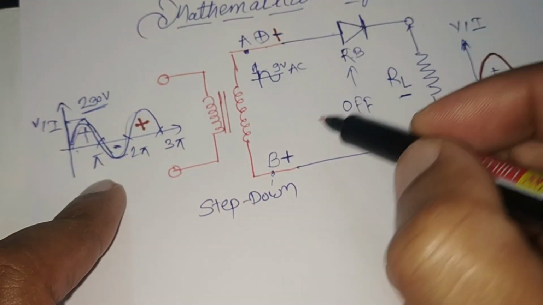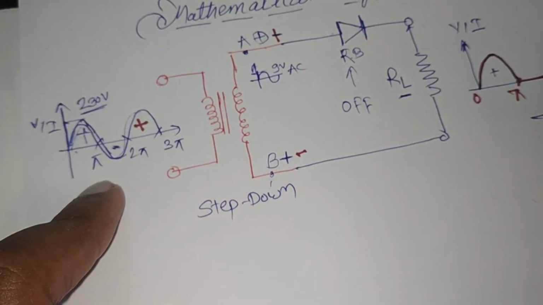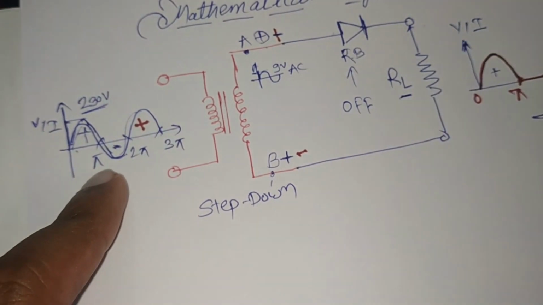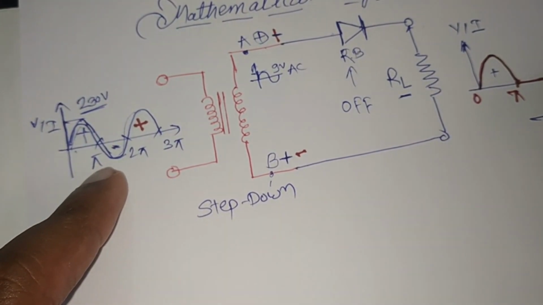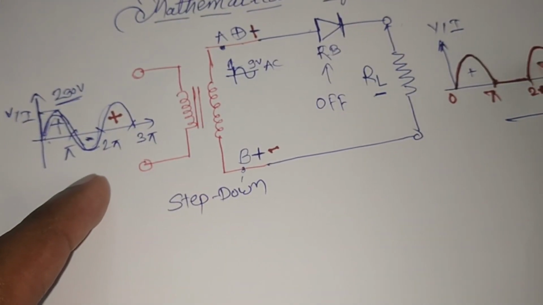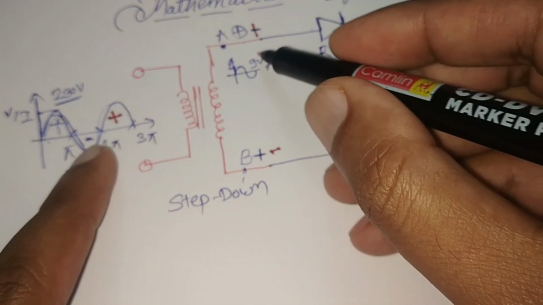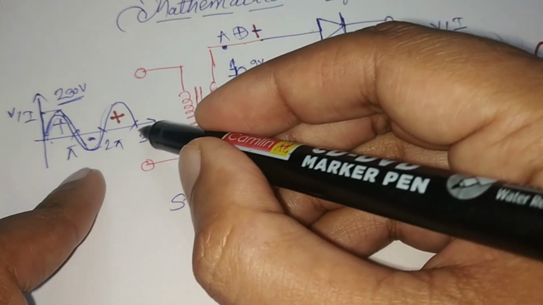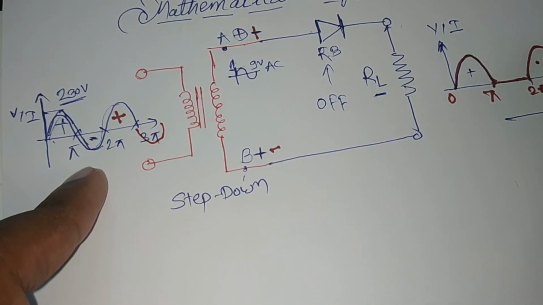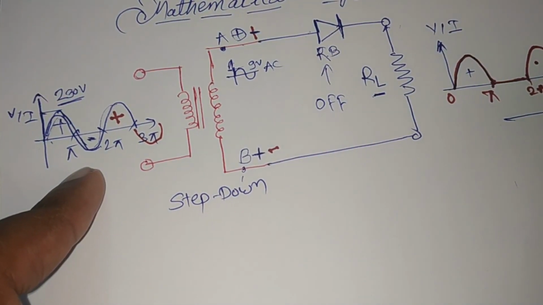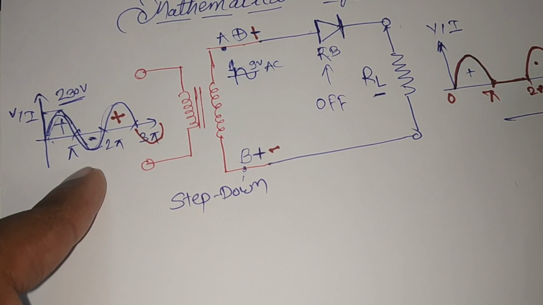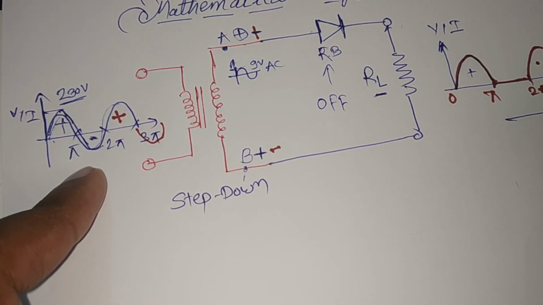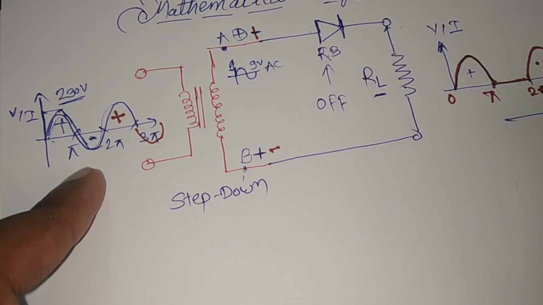This will again become positive, this one will become negative, and the diode will be forward bias. So we will get the output waveform. Again it will go into reverse bias for the next cycle, and we will not get any output. Again after some time we will get the output. So we get an output waveform like this.